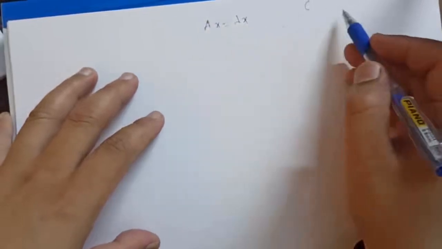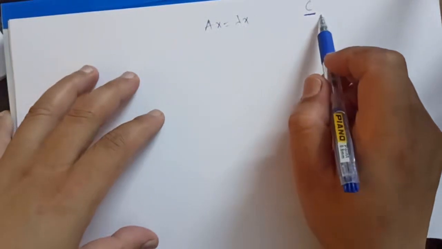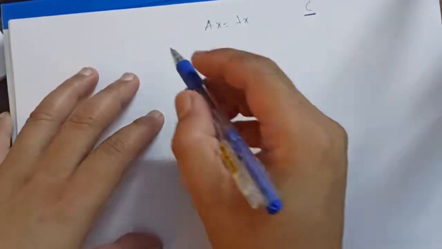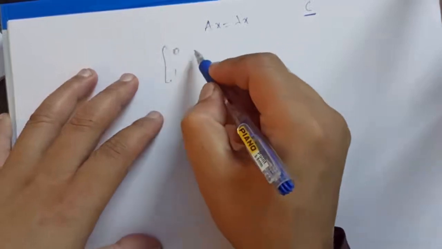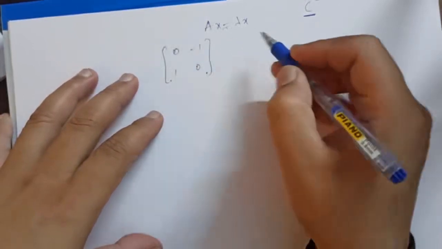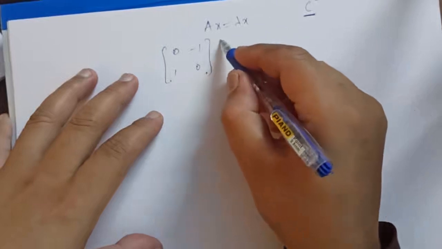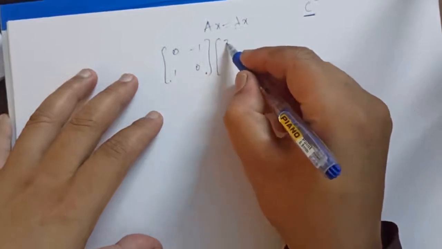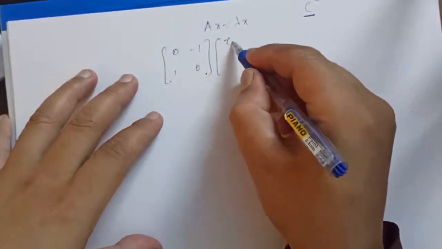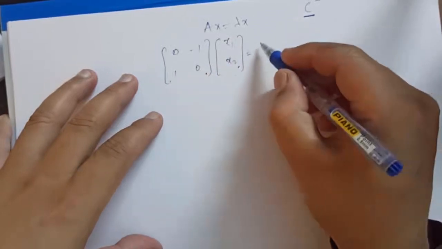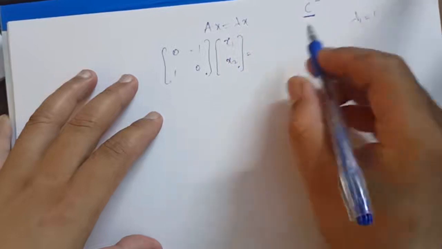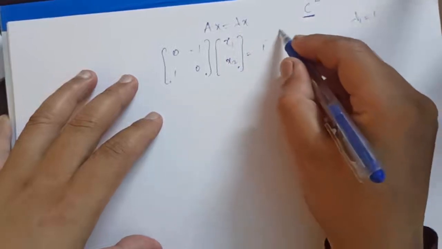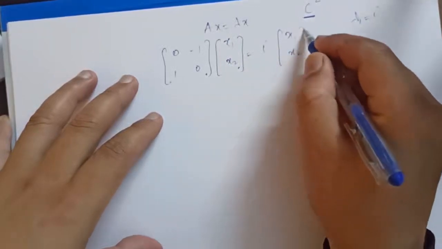So we are allowing x to exist in this complex space C squared. So what we would have is the matrix 0 1, minus 1 0 times this vector x, which we don't know. Let's say x1 and x2, and lambda 1 was initially i, so we put i here, times x1 and x2.